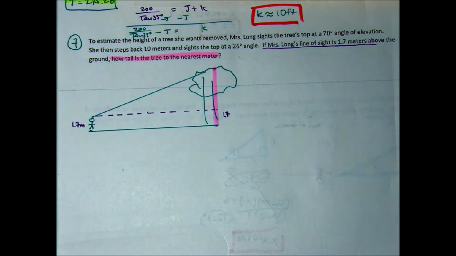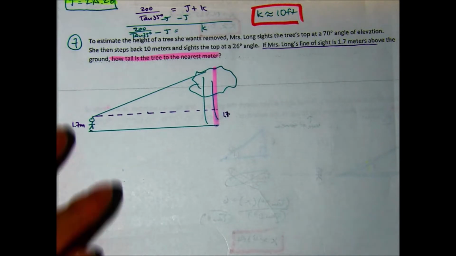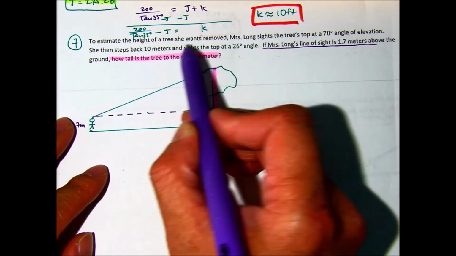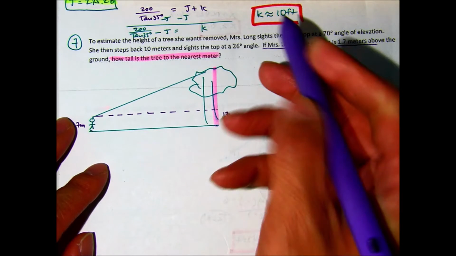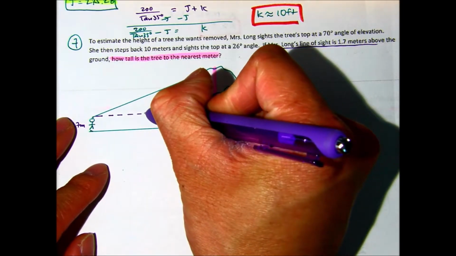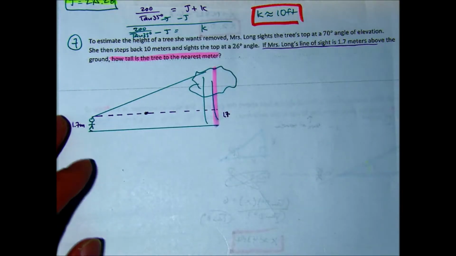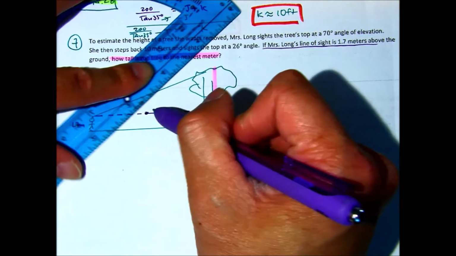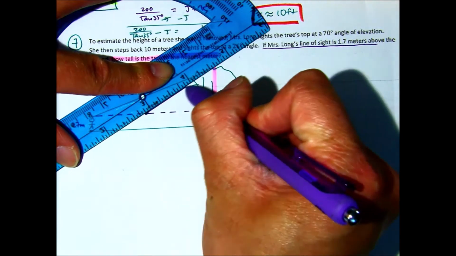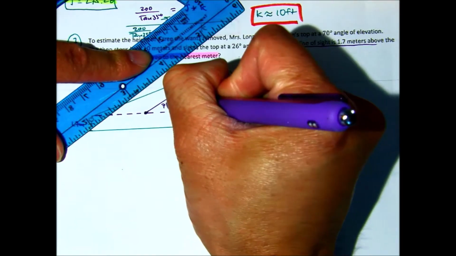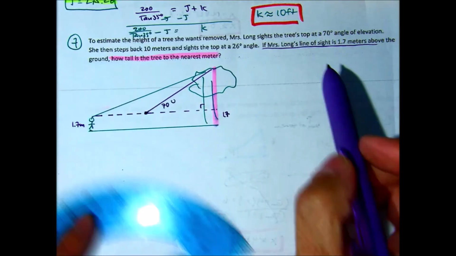So let's go back and look at some information. To estimate the height of a tree she wants removed, Mrs. Long cites the top of the tree, so she probably originally starts here and looks up, and the tree is at 70 degrees of elevation.